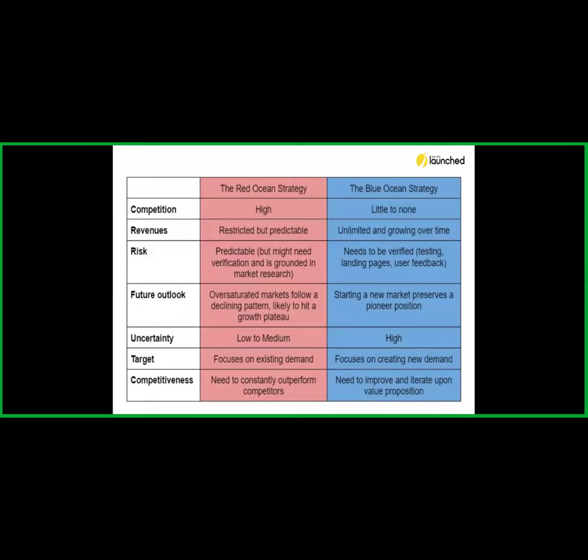Whereas when we talk about blue ocean strategy, competition is little to none. So competition under blue ocean strategy is less, or there is no competition. If you understand the literal meaning of blue ocean, we all are aware of the meaning of ocean.